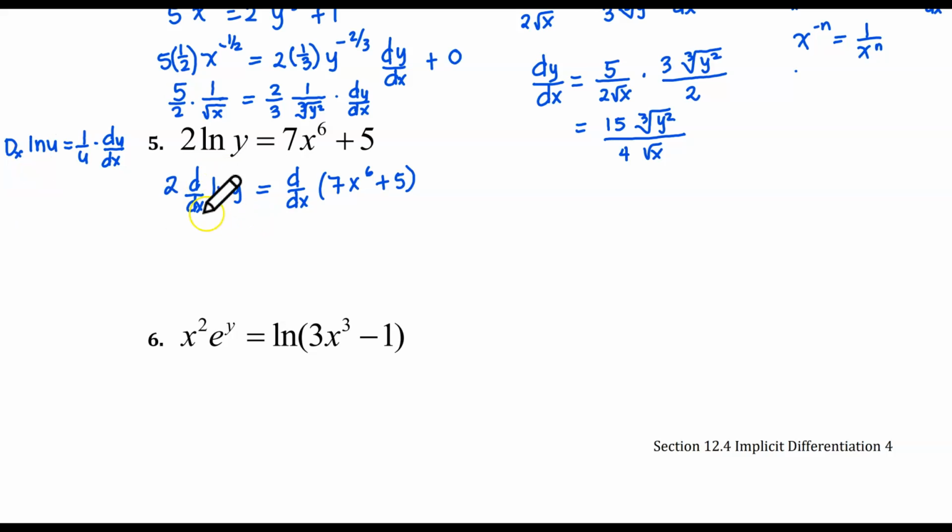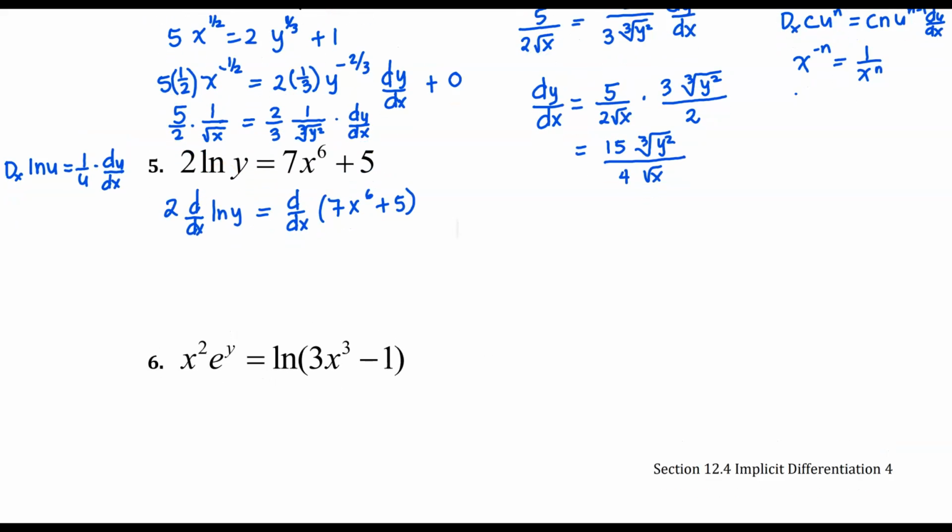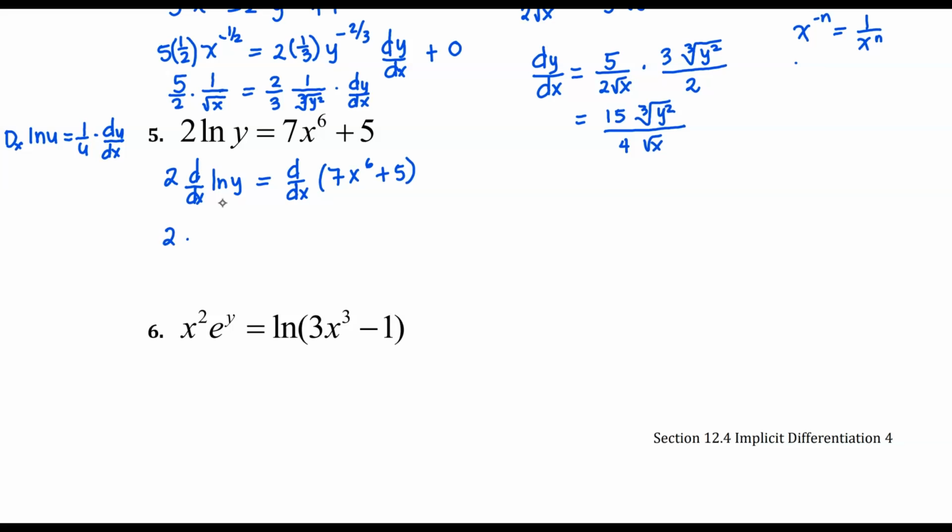So that means for ln y, we have 2 times 1 over y times the derivative of y with respect to x is equal to, now the derivative here is 42x to the 5th, you subtract 1 from 6, so you have x to the 5th. And the derivative of 5 is 0. Okay, so you don't put dx here because x agrees with the variable here.